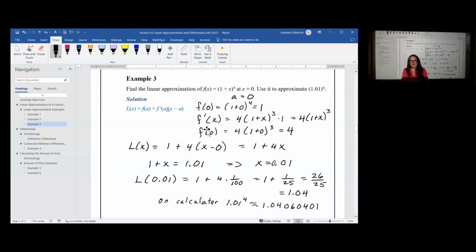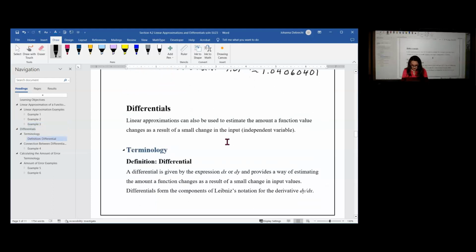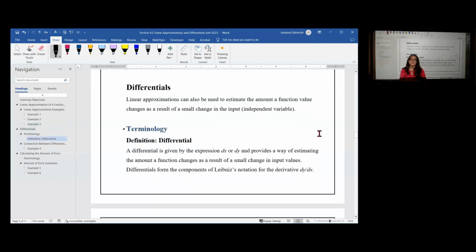It's now time to talk about what the differentials are. We've been using dx and dy quite often in this course, but we've never formally defined what dx and dy are. We need to do that now. These linear approximations are actually where the dx and the dy come from.